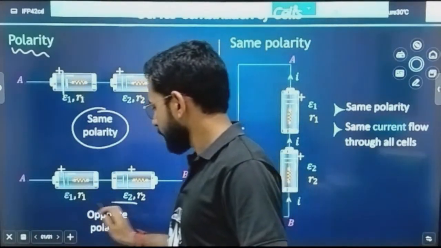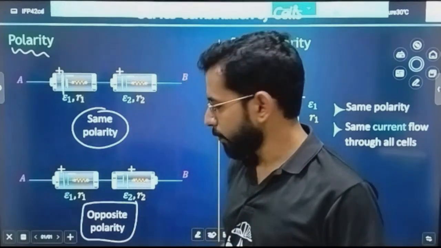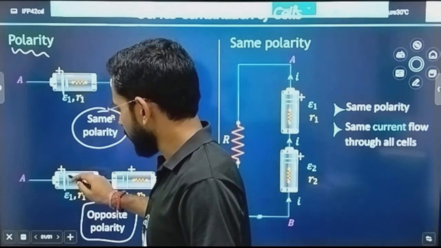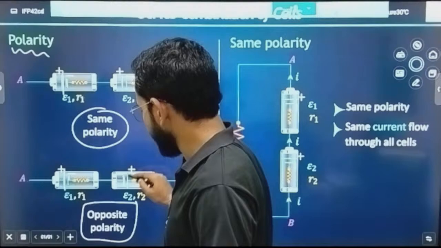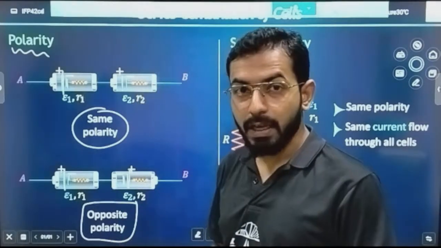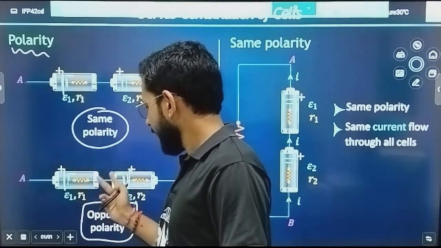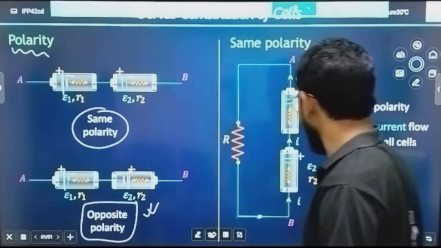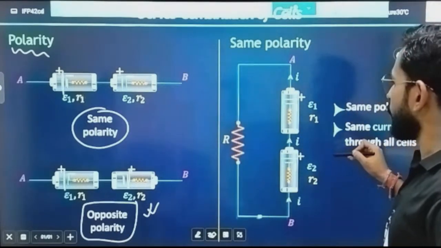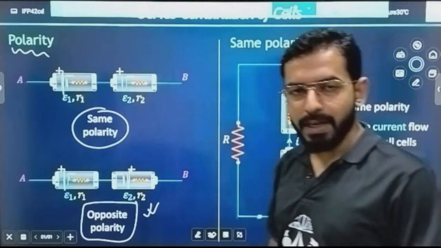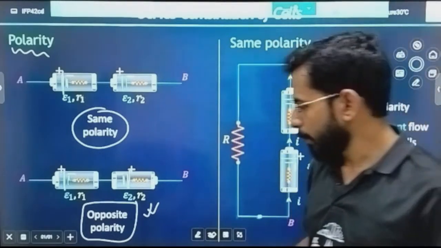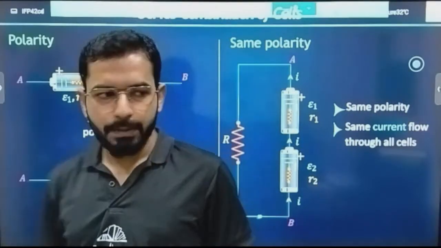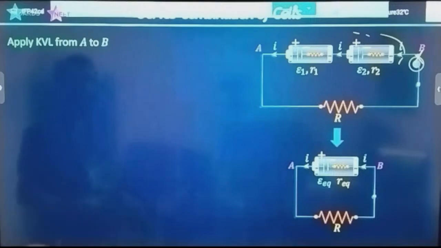The other possibility is opposite polarity. Opposite polarity means here it is higher potential, lower potential, and here it is lower potential and higher potential. So I can say the polarity has been changed in the second case. This kind of system is called opposite polarity. Firstly we are going to understand the same polarity, and then the opposite polarity as well. So let's see what the result will be.